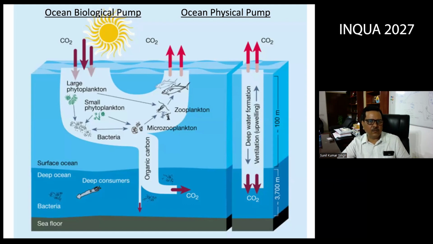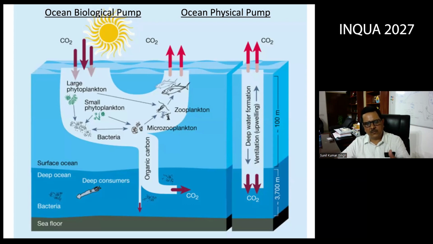Another very important one is the ocean biological pump. The CO2 in the photic zone of the ocean is taken up and converted to carbon through different biological processes, involving small phytoplankton, large phytoplankton and zooplankton.